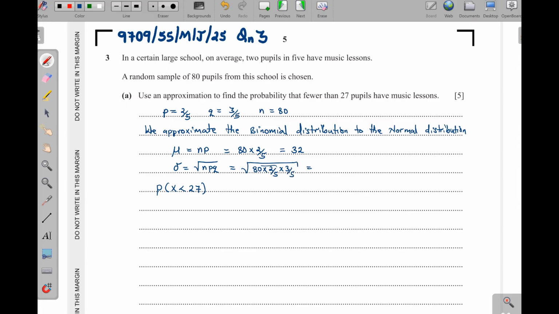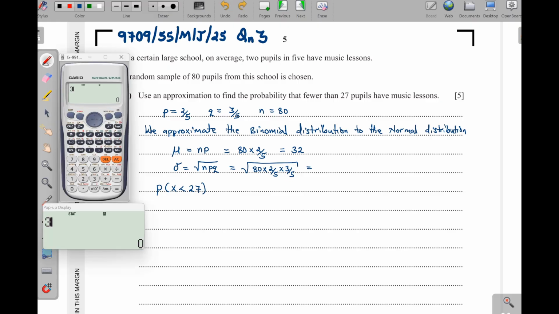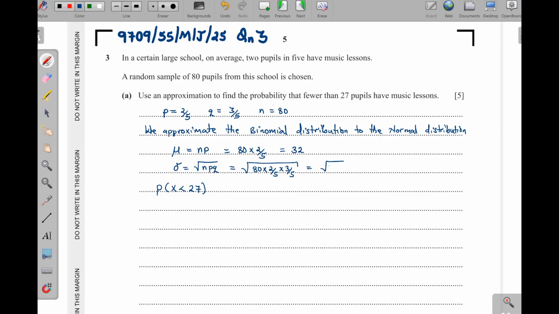Okay, so this is 32. 32 times 3 over 5. We get 96 over 5, which is 19.2. So I'll leave it exact. 19.2.